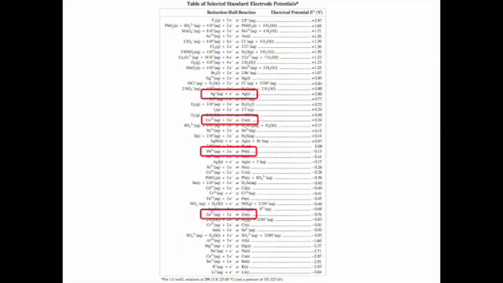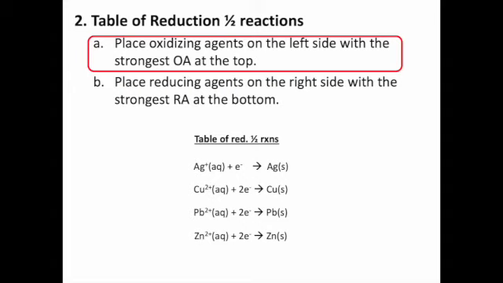It just so happens that this table has way more reactions than just our 4, and it still operates under the same principles. The top on the left side is the strongest oxidizing agent, and the lowest on the right side is the strongest reducing agent.